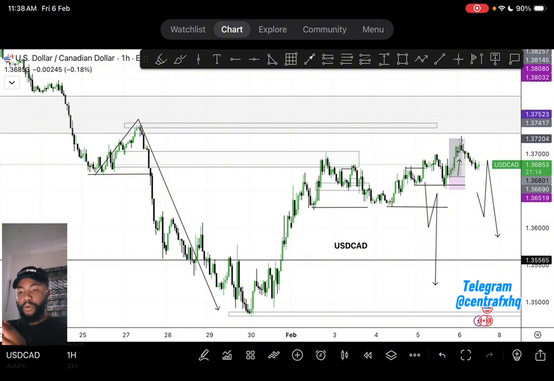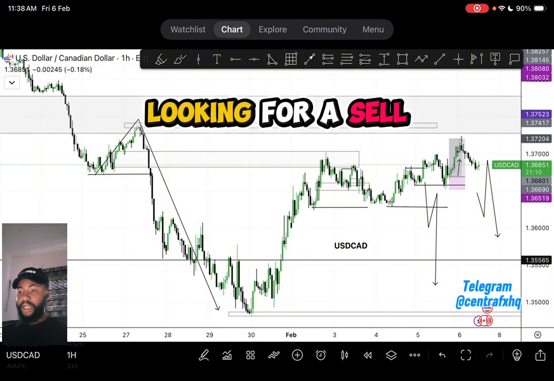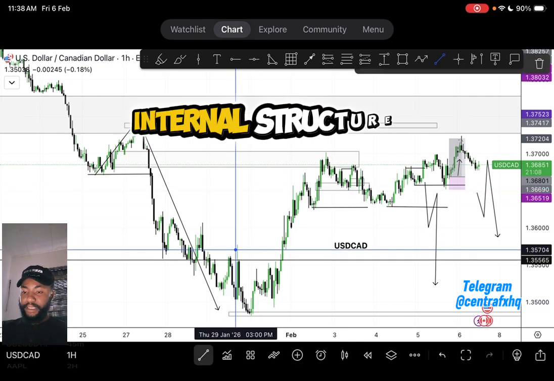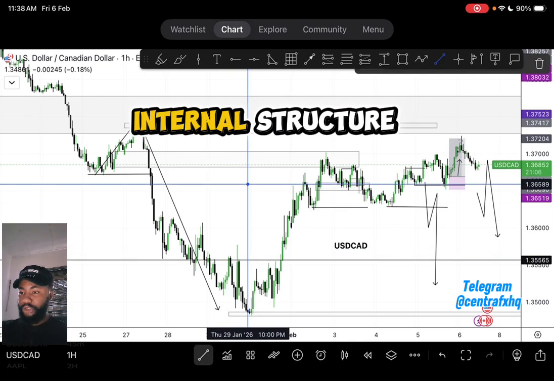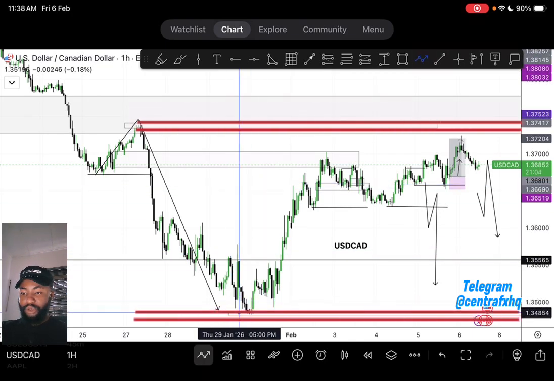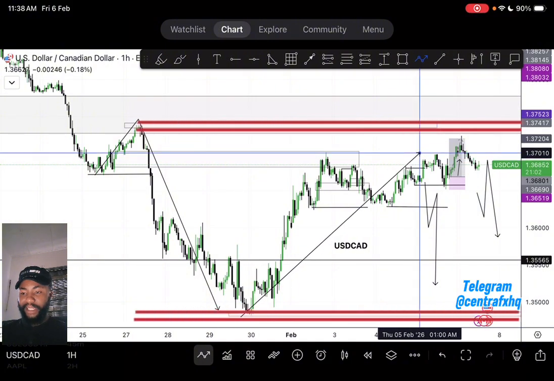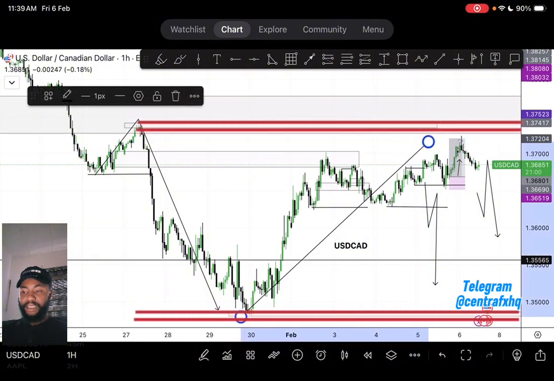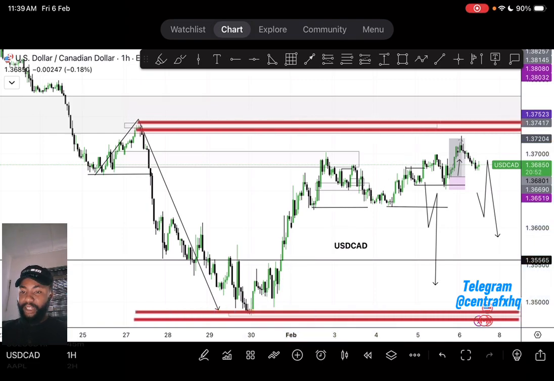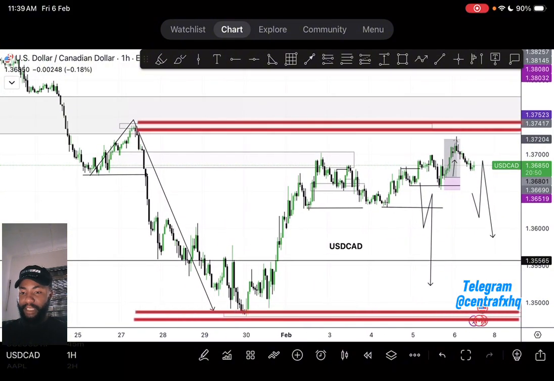So what we want to do is look for sells, right? This here is our internal structure. The external structure is the overall trend, while the internal structure is the structure that is inside the external structure. If we want to sell, we want the internal structure to align with the external structure, guys.